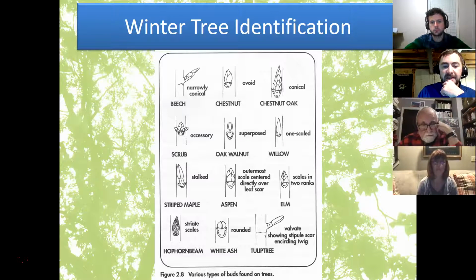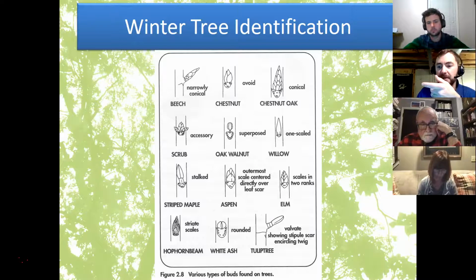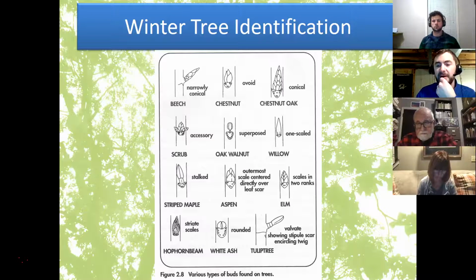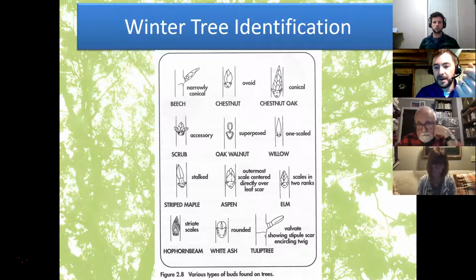Another thing is, I don't have it pictured here, but on hickories, in Missouri, we have a lot of different hickories, and I'll double back to that Missouri oak and hickories guide. But within the 20 to 30 hickories you might come across, more like 20, I think, in Missouri, the bud shapes are very distinct.